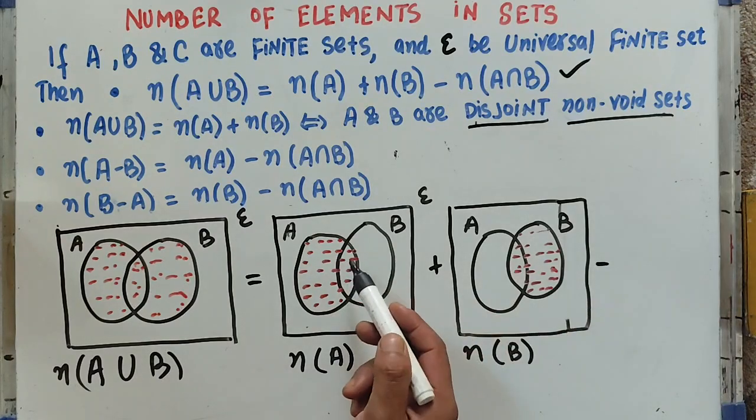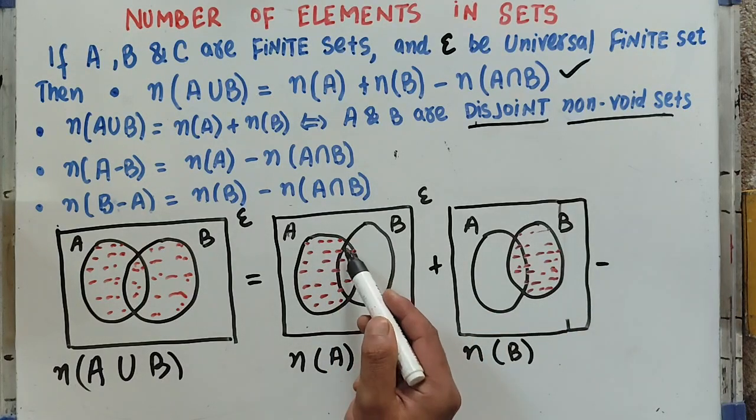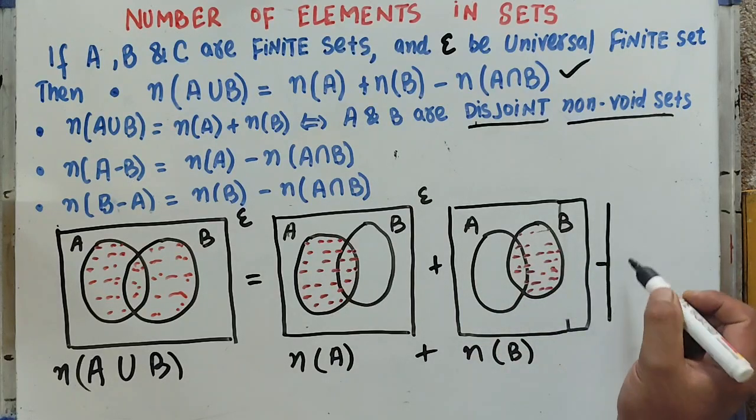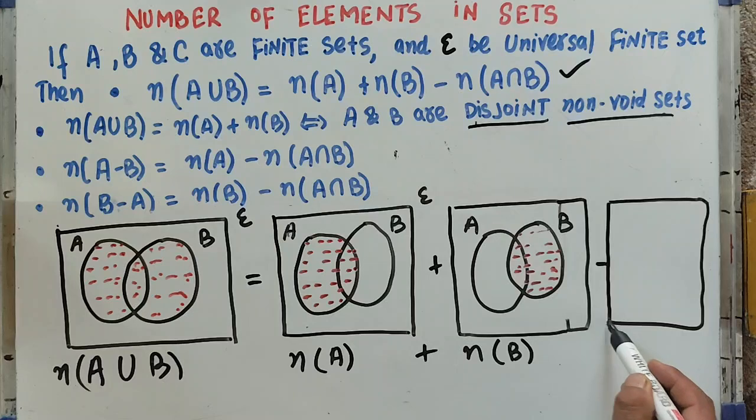Because here you can see in set A we have this very region, in set B we have again this region, so we subtract, and let me try to draw it here.